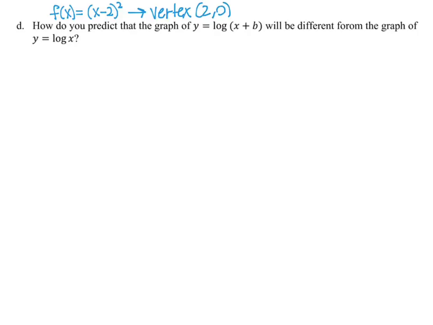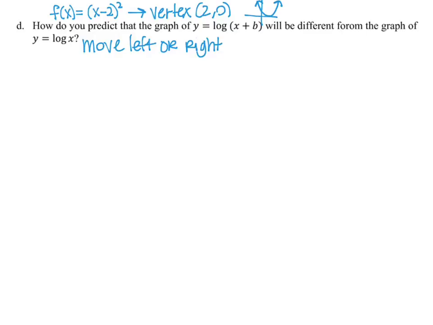So the graph would be like this, or it's just moved to the right. I'm thinking the same kind of thing should probably happen with a log. So I'm going to predict that it's going to move my graph left or right.